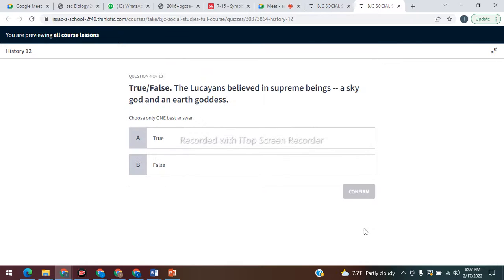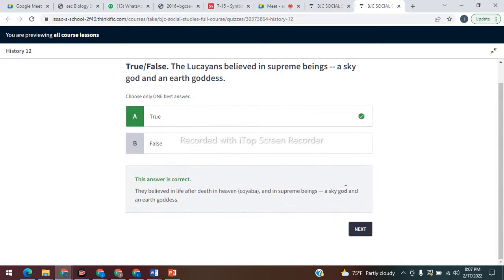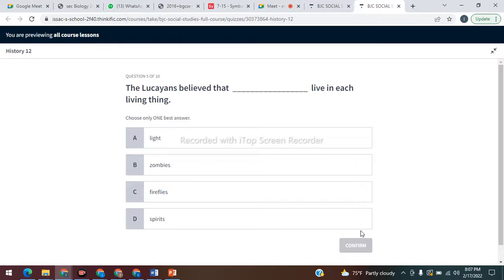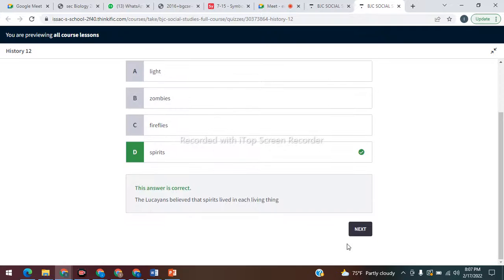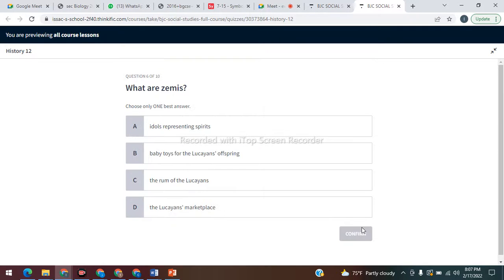True or false? The Lucayans believe in supreme beings, a sky god and an earth goddess. True. Lucayans believe that blank live in each living thing. Spirits. D. Okay. What are Zemis?